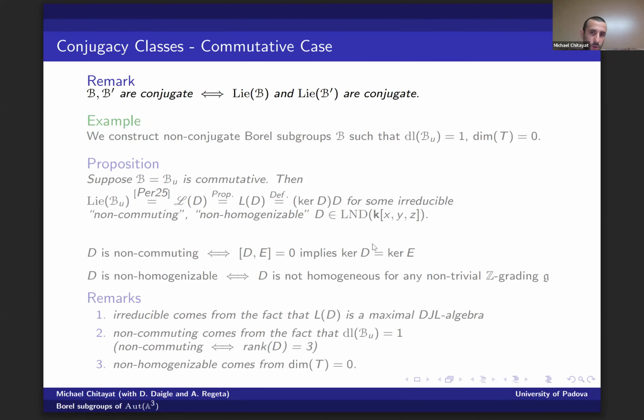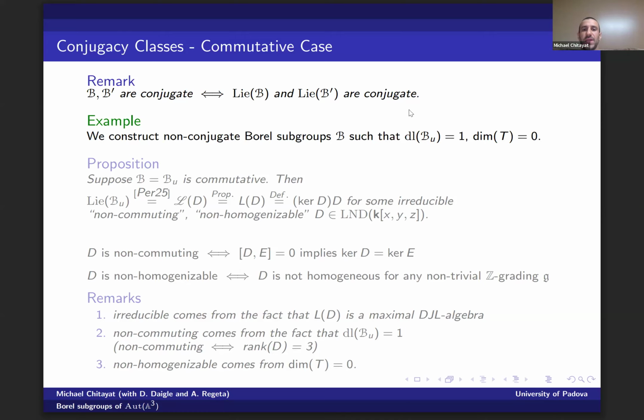Okay, so first, if two Borel subgroups are conjugate, then their corresponding Lie algebras are conjugate. And so the example we'll focus on for the next few slides is the special case where the derived length of BU is 1 and the dimension of the torus is 0.